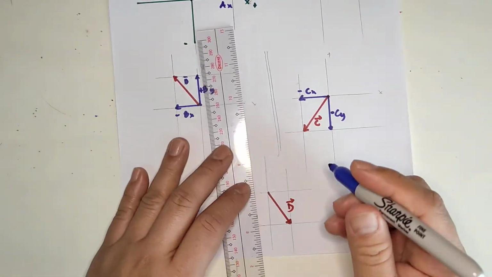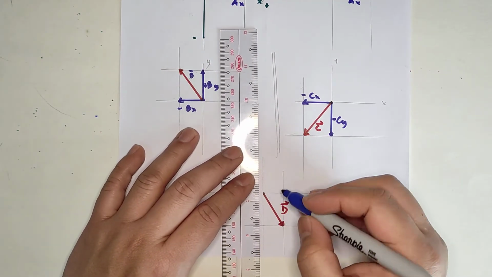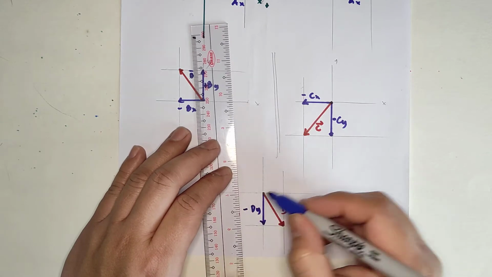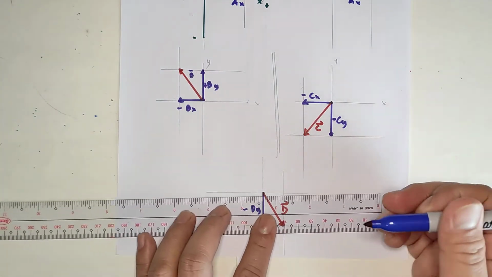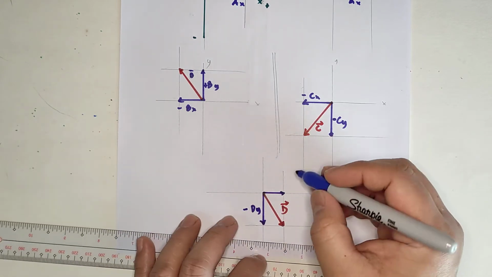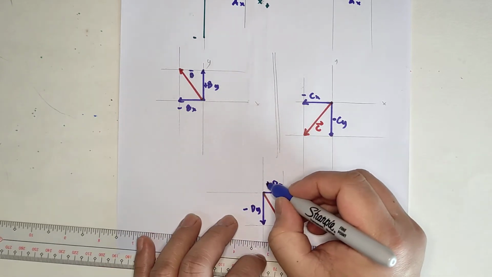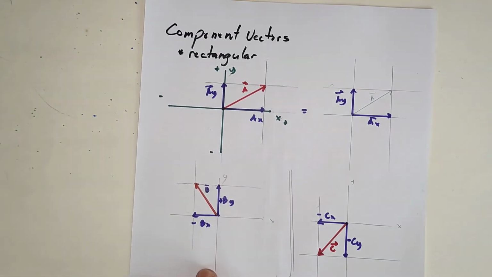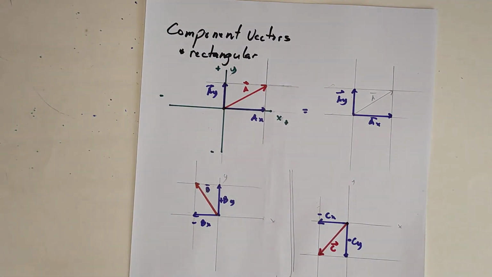Then you have this one is dy, and that is negative because it's going down. And to the right, that is dx, that is positive. So that is a rectangular component of a vector. Okay, so again, that is very important.